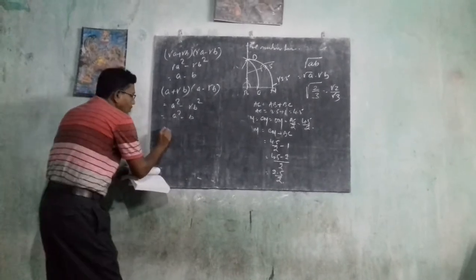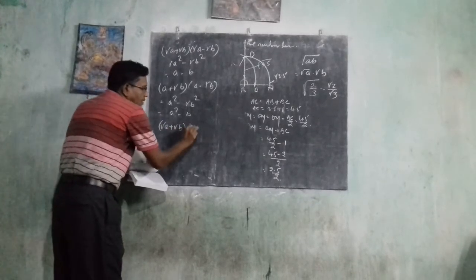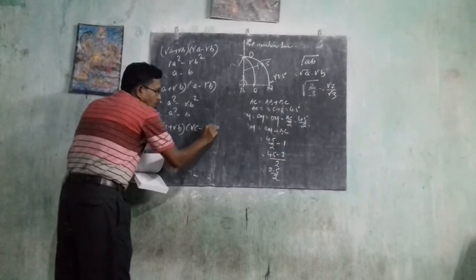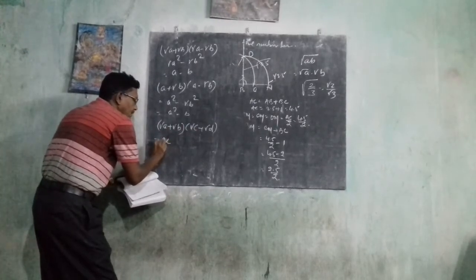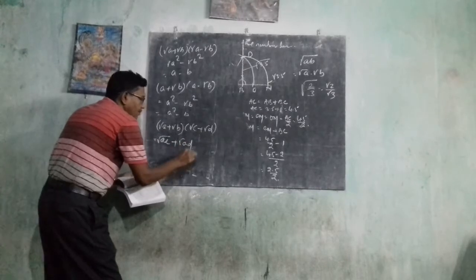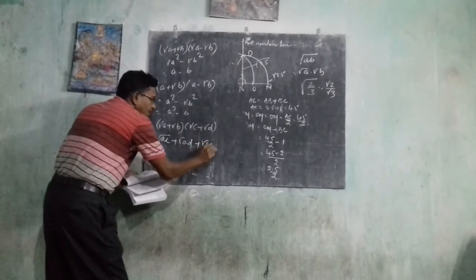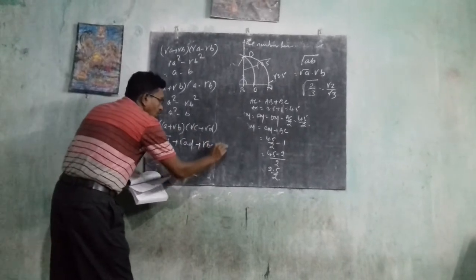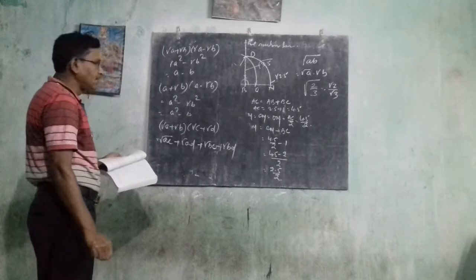And another example: suppose root A plus root B into root C plus root D. Now we multiply root A into root C, root AC, plus root A into root D, root AD, again plus root B into root C, root BC, plus root BD. Here there is no like term, so the answer is this.